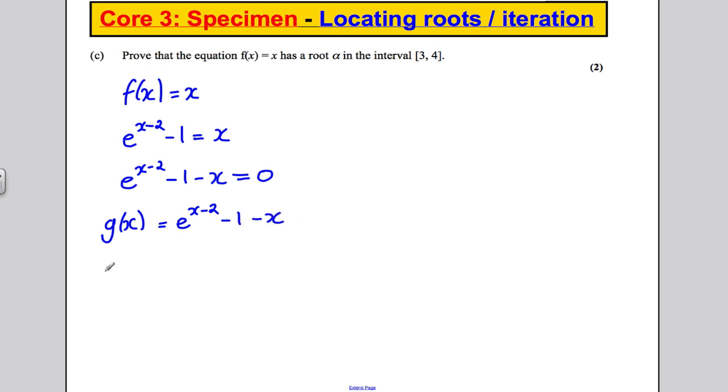And if I work out g of 3 and g of 4, if I have a change of sign for this function, then I know that this equation has a root in that interval, and therefore this equation has a root in the interval, i.e. f of x is equal to x.